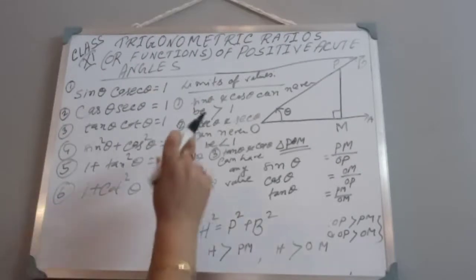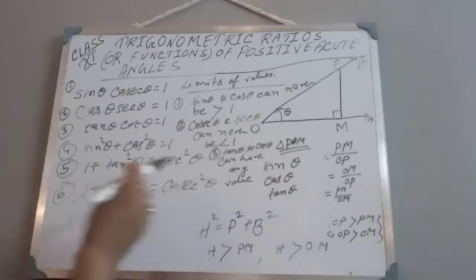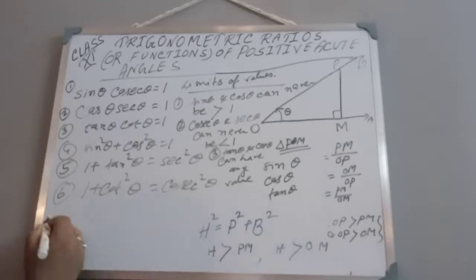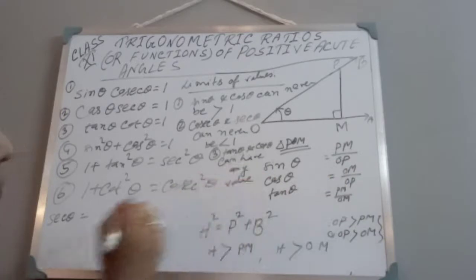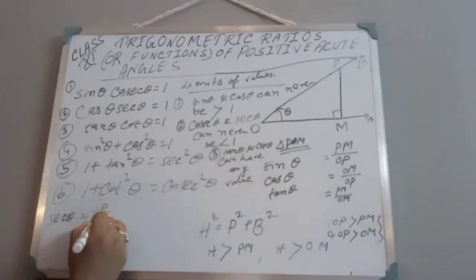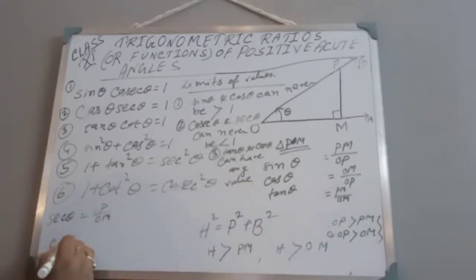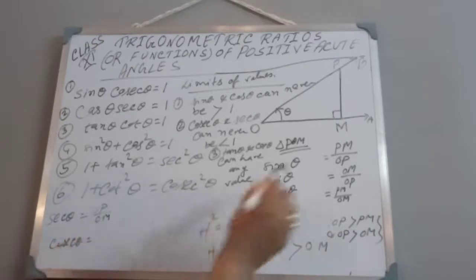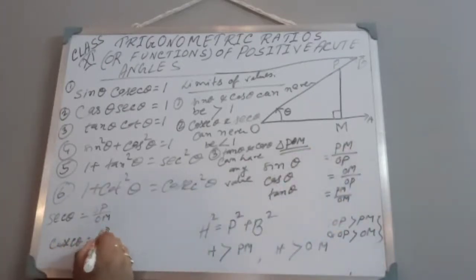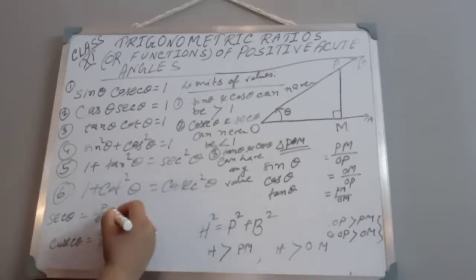Okay. Next is cosec theta and sec theta can never be less than 1. Sec theta, let me write again. Cos theta is OM by OP, so sec theta will be OP by OM, and cosec theta will be OP by PM. Now we know the hypotenuse is more than PM, more than OM.